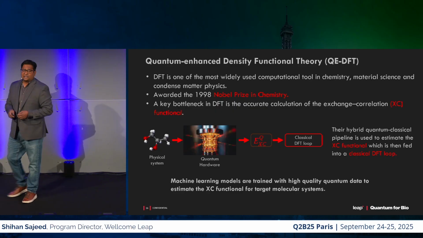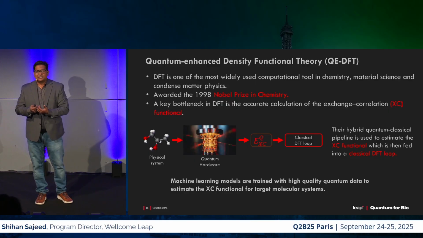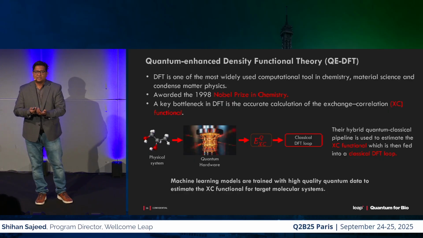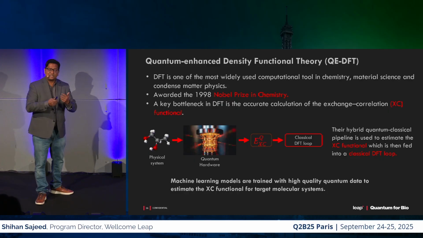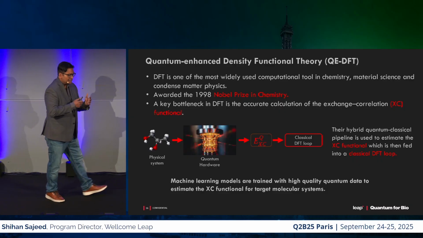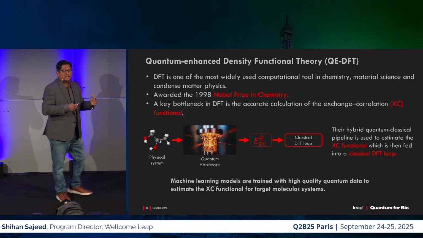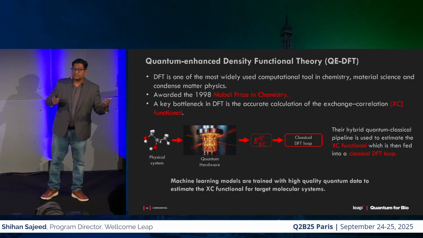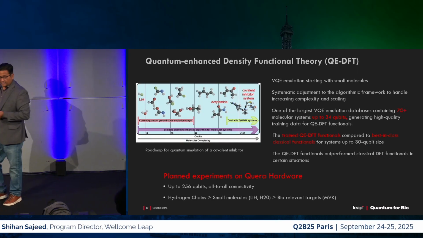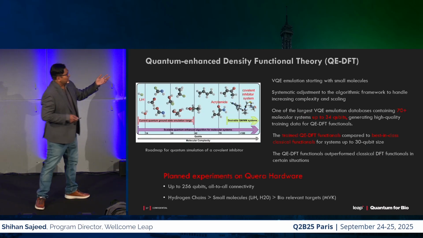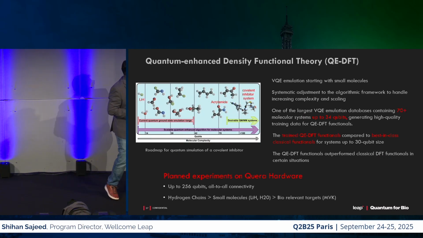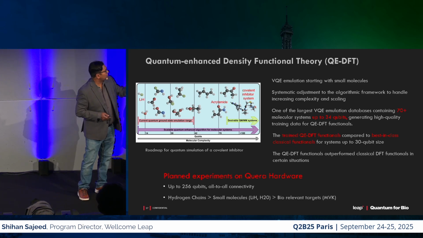And of course, they are going to use this data to train a machine learning model. So together, with quantum and machine learning, they will get very efficient exchange correlation data that will boost the performance of DFT. And so far, this is their roadmap. They started emulating the smaller molecules.